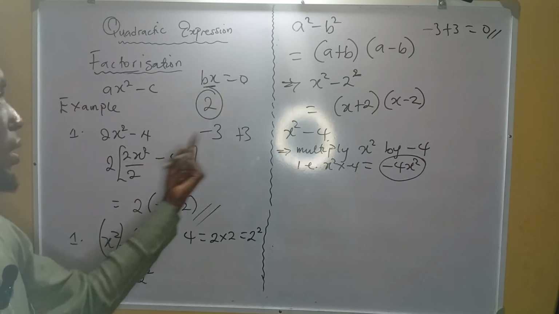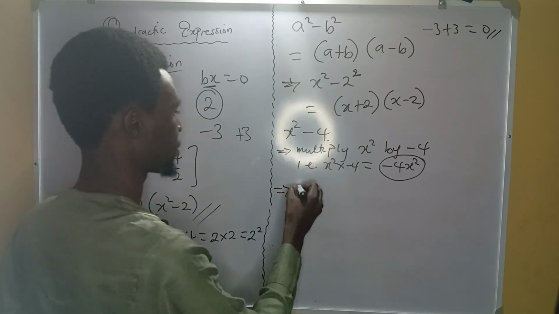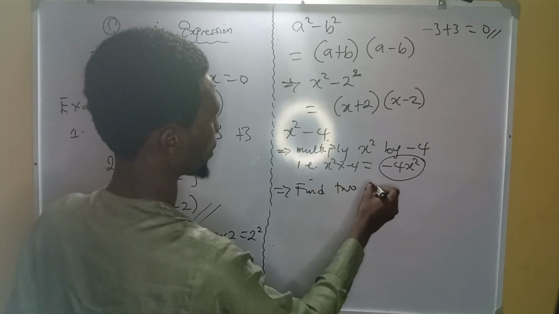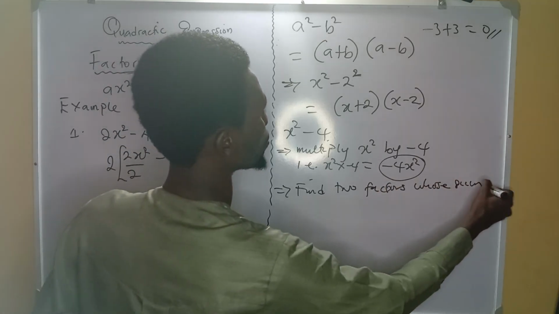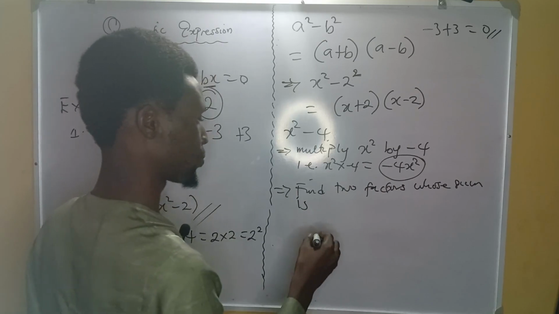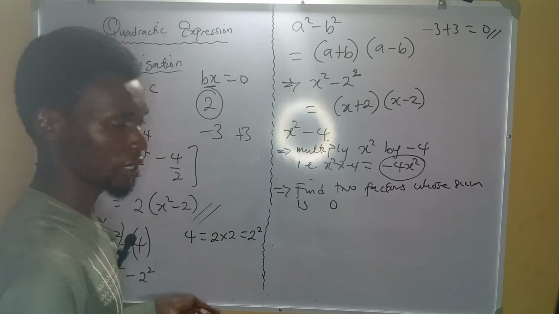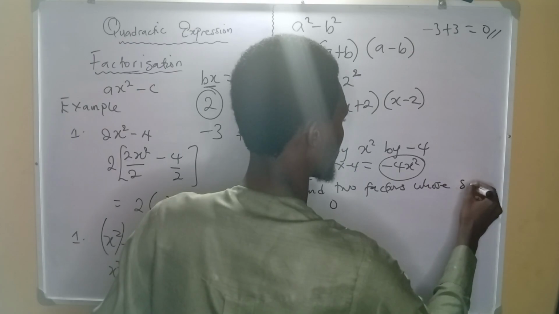So because of that, they are additive inverses of each other. So if you have to find two factors whose sum is zero, all right? See now, sum is zero.